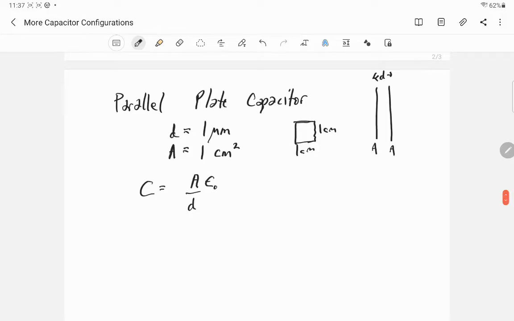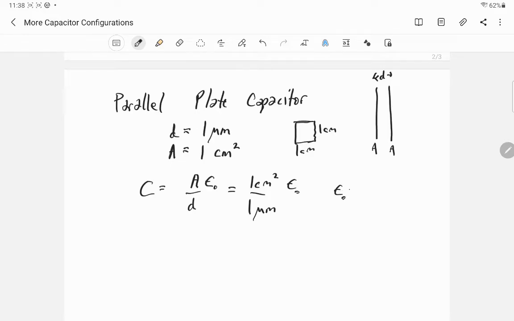And here it is. The capacitance has the area, the distance between them, and epsilon naught. So if you calculate this for our problem, the area is 1 centimeter squared, the distance is 1 micrometer, and we've got epsilon naught left over.